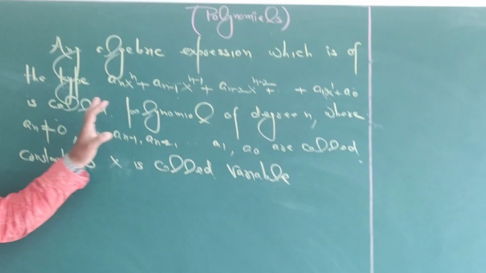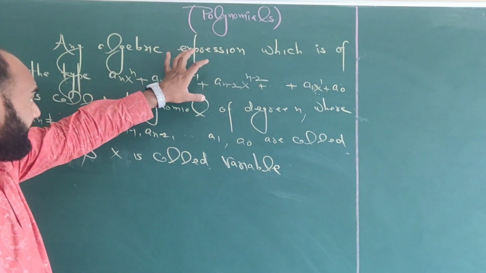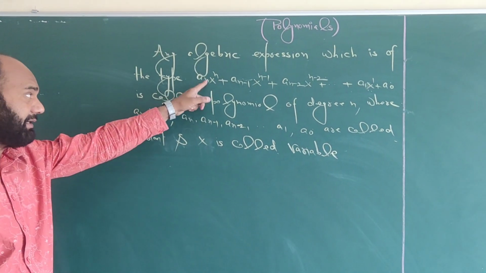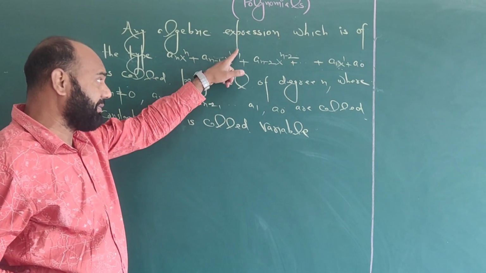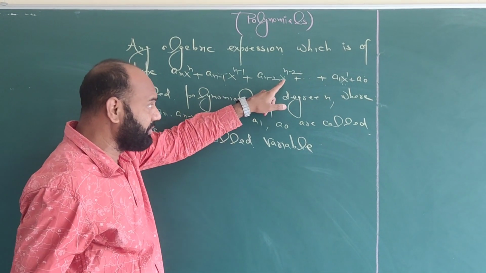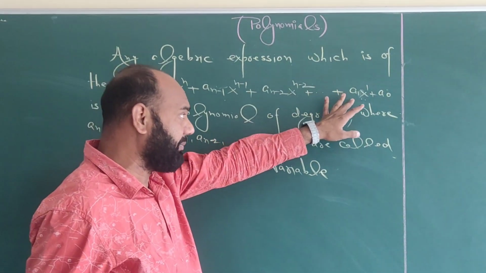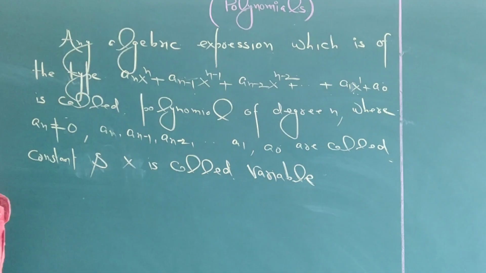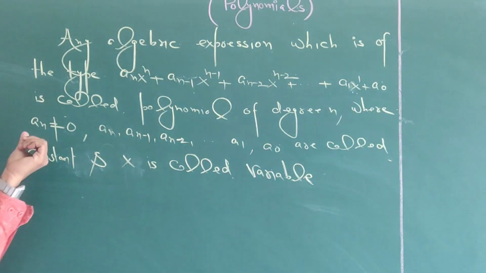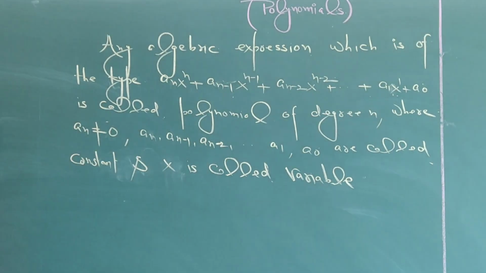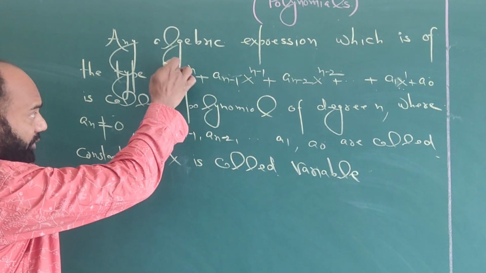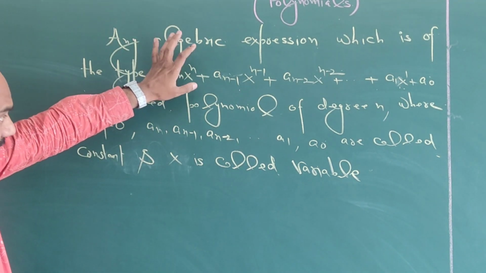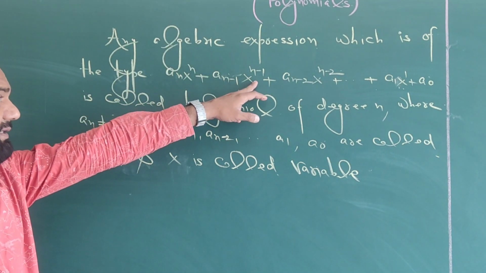This is the standard form of a polynomial. Means any expression which is of the form An xn plus An minus 1 x power n minus 1 plus An minus 2 x power n minus 2 and up to A1x plus A0 is called polynomial of degree n, where An is never equal to 0 because when the coefficient of xn is 0, then its power is not n, then its power is n minus 1.